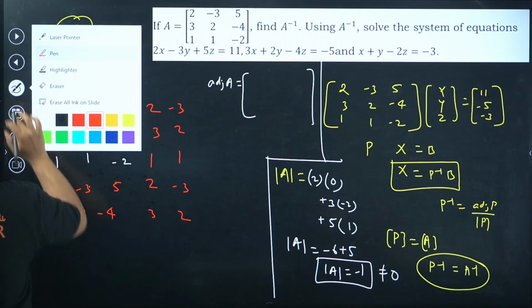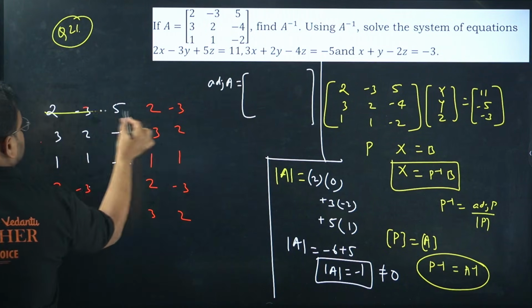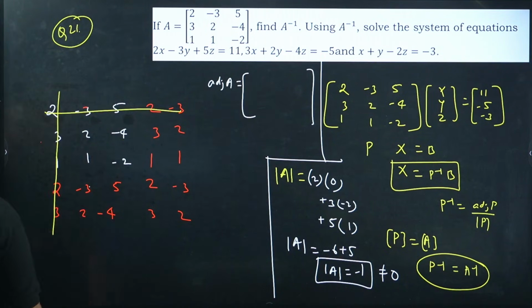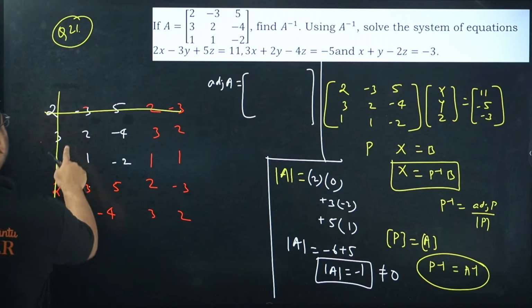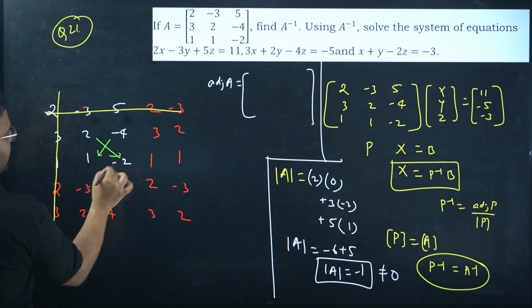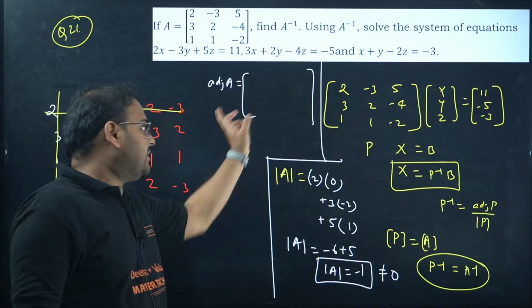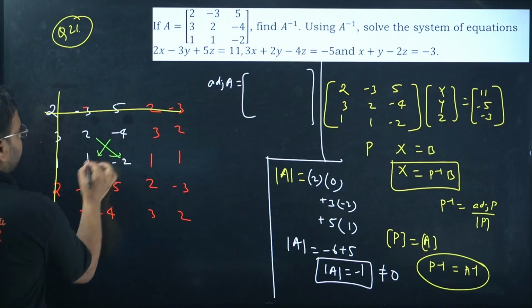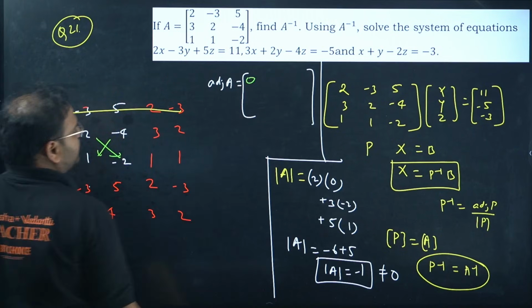Once you get that, check here. Remove the first row and first column. Now you are left with a 4 cross 4 matrix. Start multiplying by cross multiplication in the vertical columns and write the answer in the horizontal rows. Minus 4 plus 4, 0.